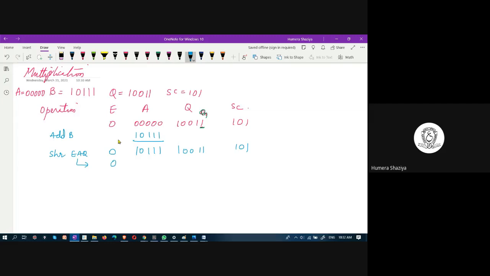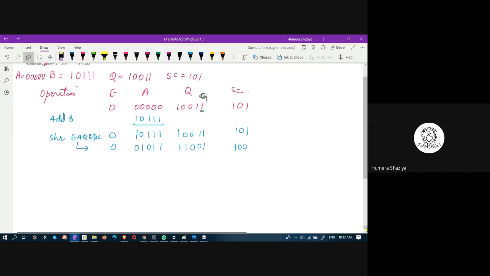The result is 0, 0 1 0 1 1 1 1 0 0 1 1 is out. After performing SHR EAQ and decrement, it would be 1 0 0. You are performing this operation on these numbers to obtain this, right?